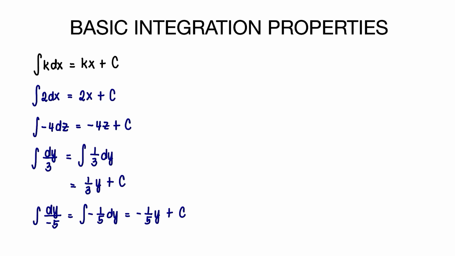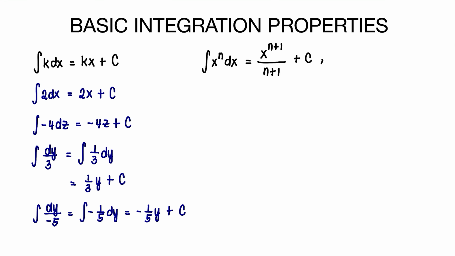Okay, and then next we have the power rule. The formula for that would be the integral of x to the power of n dx is equal to x to the power of n plus 1 over n plus 1 plus c, provided that n must not be equal to negative 1.